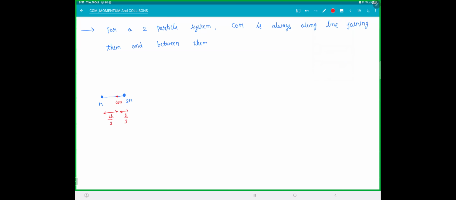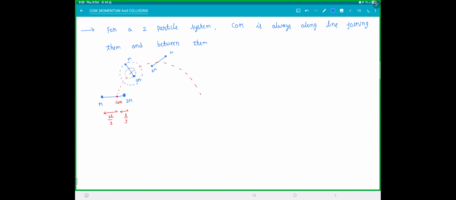The meaning of this is, if you throw this into the air, the center of mass will go in a parabolic path. And this weird dumbbell which you have created, you know how it will go? This 2m will go in a smaller circle, and this m will go in a bigger circle.